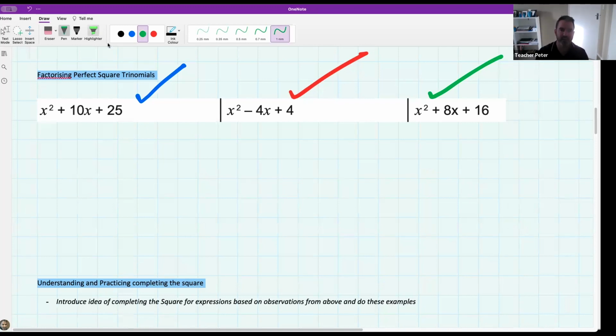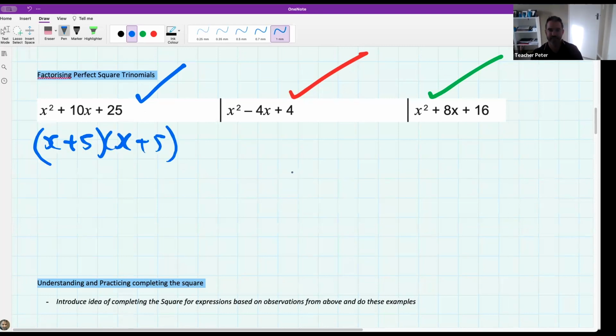So Siamtanda says for the first one, I get x plus 5 times x plus 5. Awesome, Siamtanda. Let's see what we get for the second one and the third one.